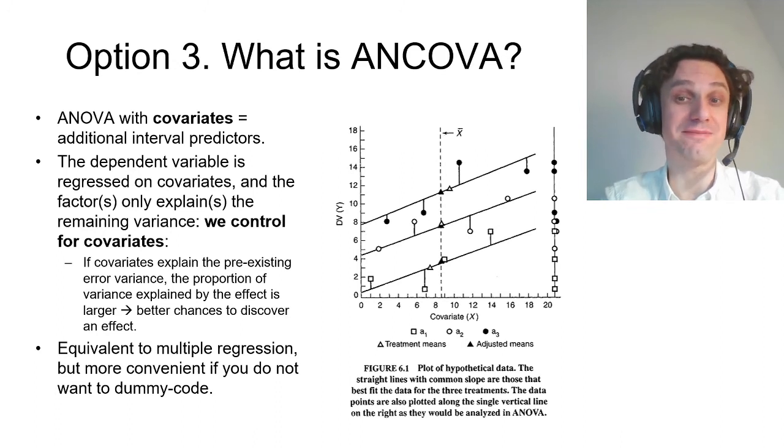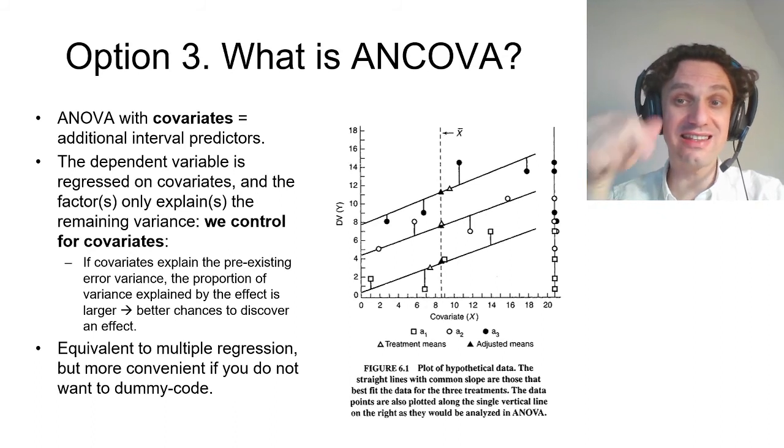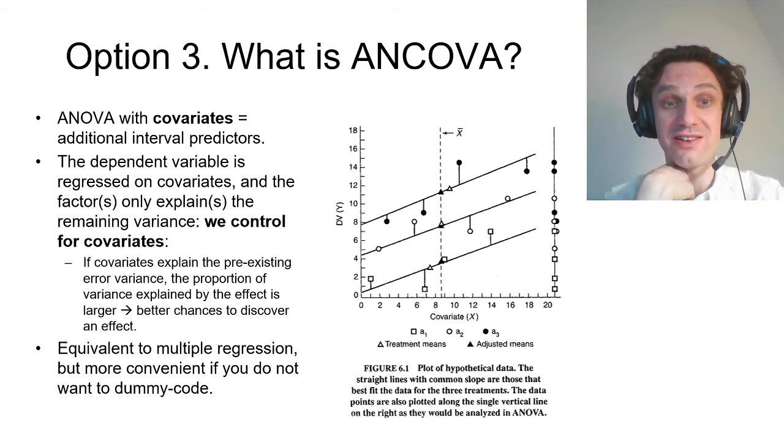What is ANCOVA? It's basically ANOVA with a letter C, ANOVA with covariates. What is a covariate? It's basically an additional interval predictor. So you conduct your ANOVA just in a normal way, but you also add another interval predictor. What do you gain by doing it?